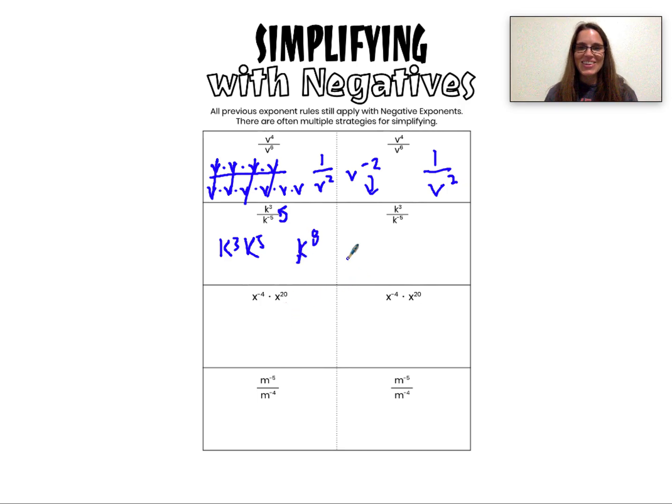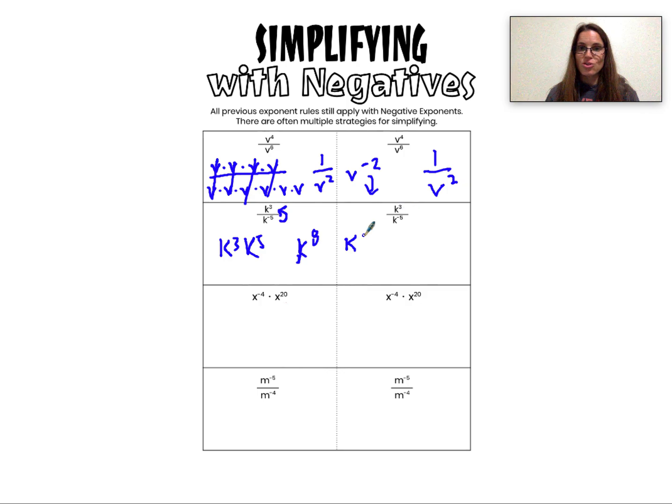There is another strategy we could use, which is to use the quotient rule. Students super commonly incorrectly apply the quotient rule here to say k to the third divided by k to the negative fifth is k to the 3 minus 5, k to the negative 2. That is not correct.